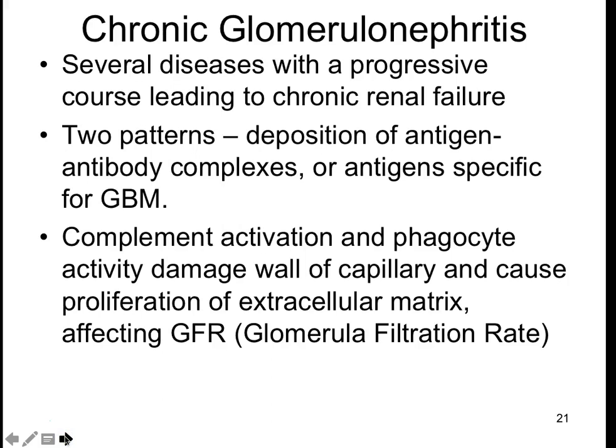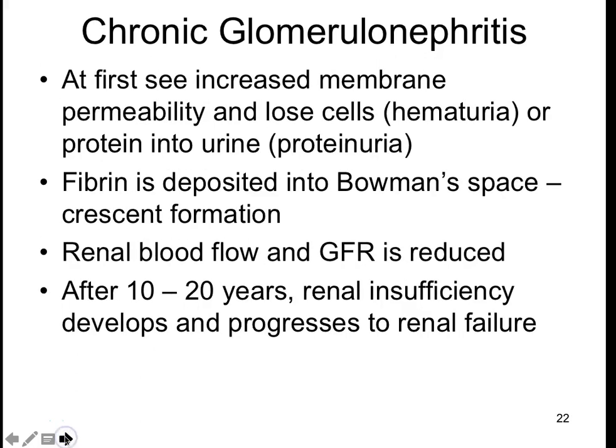Now we're going to go into chronic. So the thing about chronic is over a period of time, you can have problems with glomerular filtration rate. You can cause damage to the membrane permeability, which means loss of blood cells and protein.